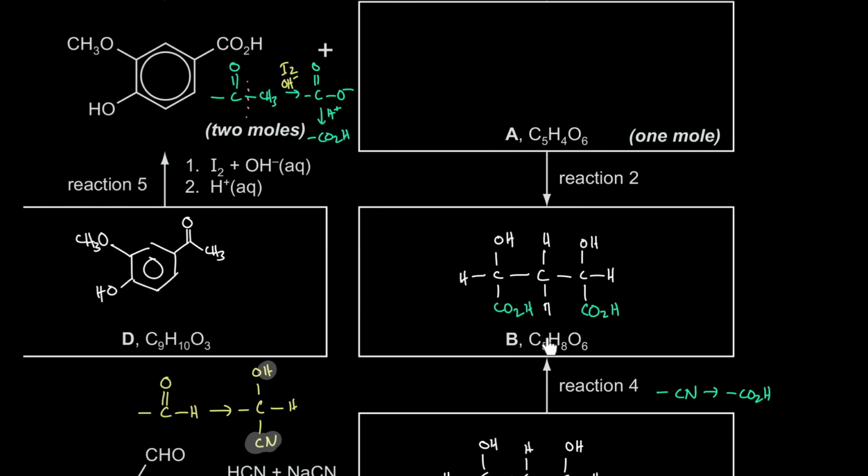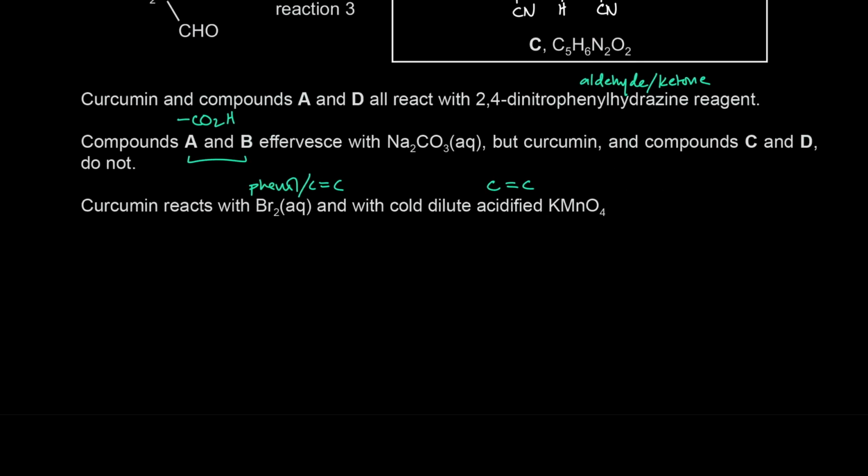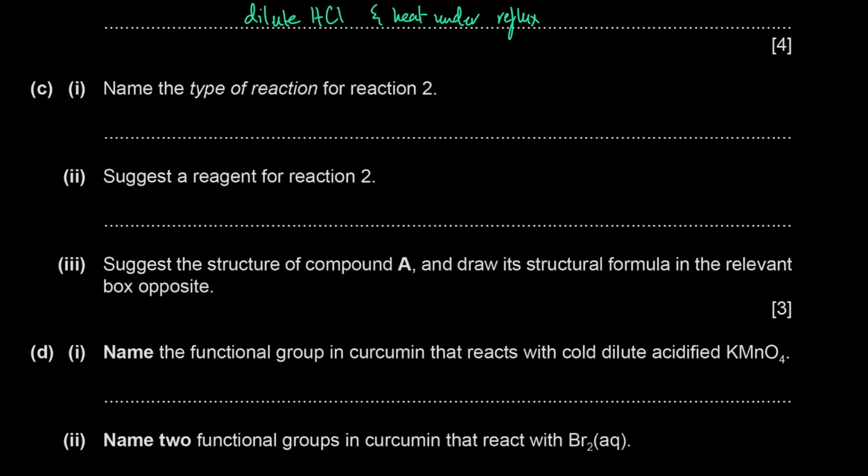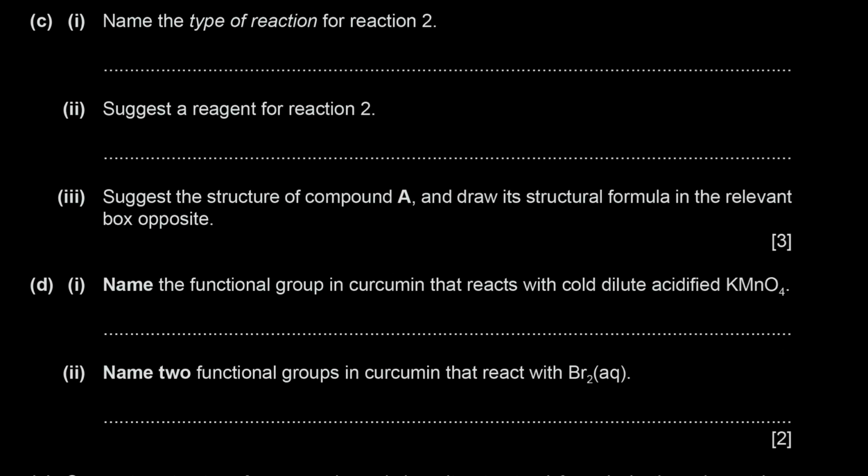So all we're doing is adding hydrogens. So what type of reaction is this? Reaction 2 is just reduction. A is being reduced to form B. So the type of reaction that reaction 2 is, is reduction. Suggest a reagent for reaction 2.